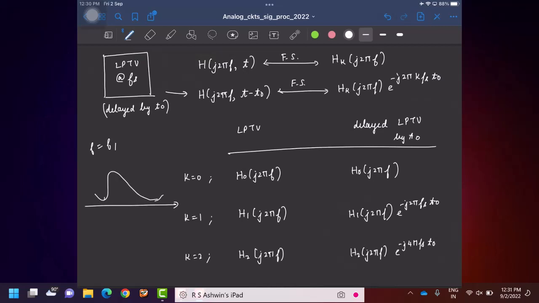So let's say this is 0, this is Ts. Okay. Now when I shift it by a time T0, what will happen? The same response gets shifted by some time. Okay, so this is no longer the same.